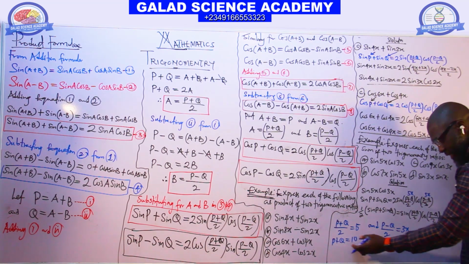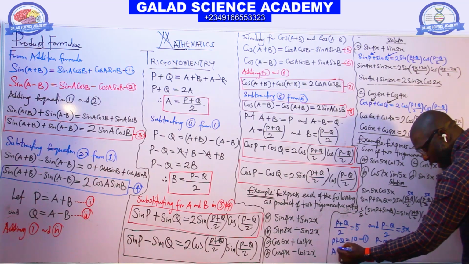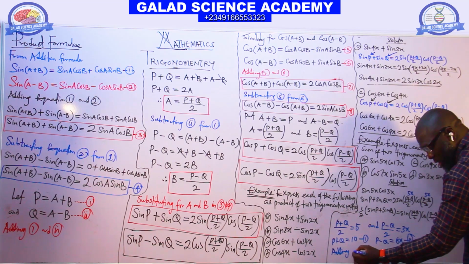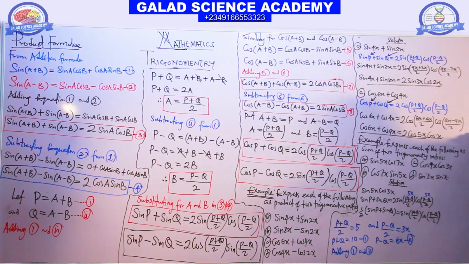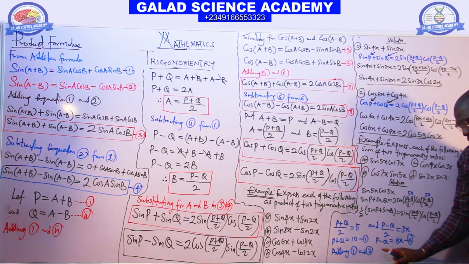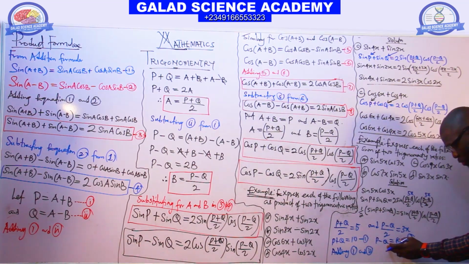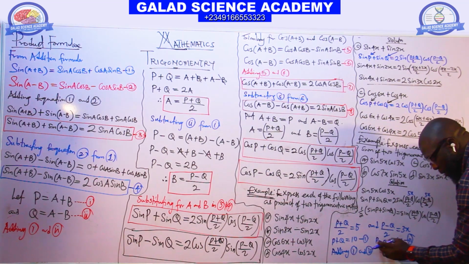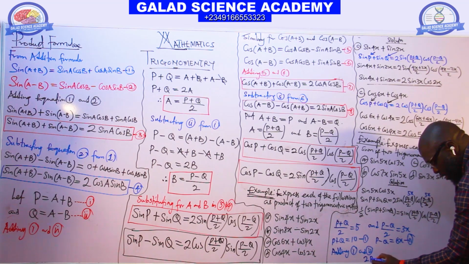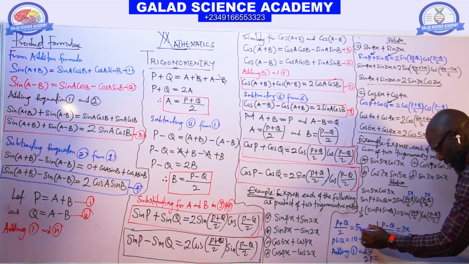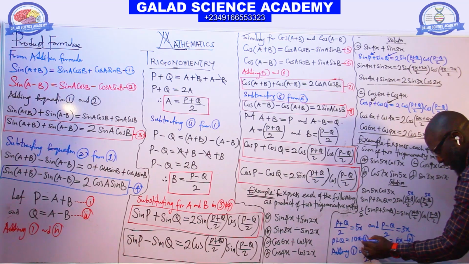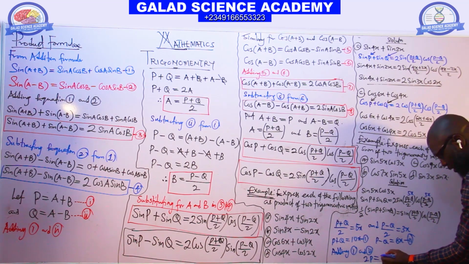So if we add equation 1 and 2 together, Q will cancel Q, and we have P plus P, 2P, equal to 10x plus 6x, which is 16x.